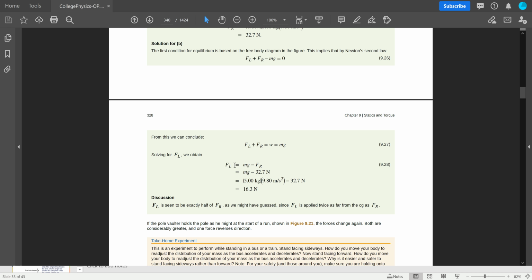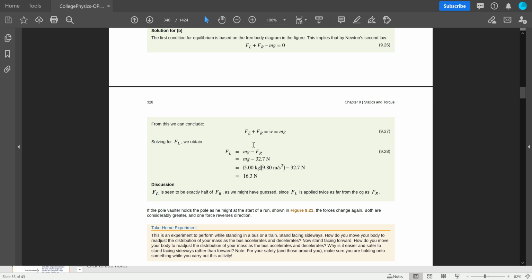We can just move the force on the right hand from the left side to the right side. We know the mass of the pole, which is 5, we know gravity, and we know the force on the right hand because we just solved that. So it ends up being 16.3 newtons that the left hand is exerting.